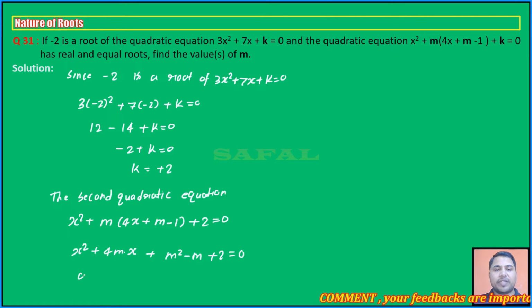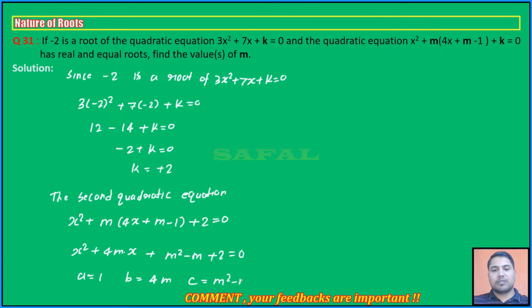So the value of a, that means coefficient of x square, we have 1 here. Coefficient of x is 4m and the constant term we have is m square minus m plus 2.